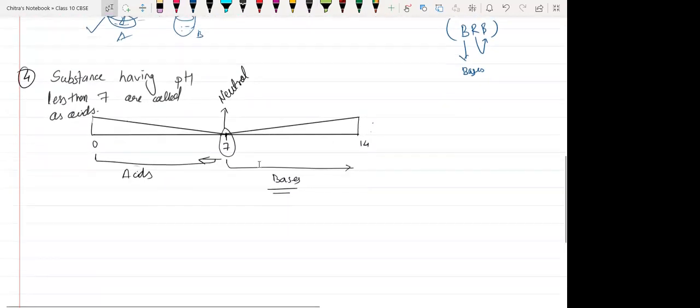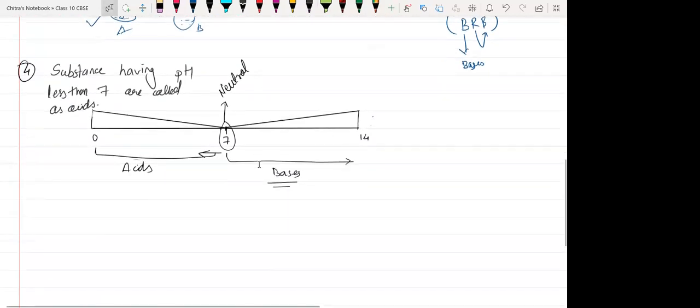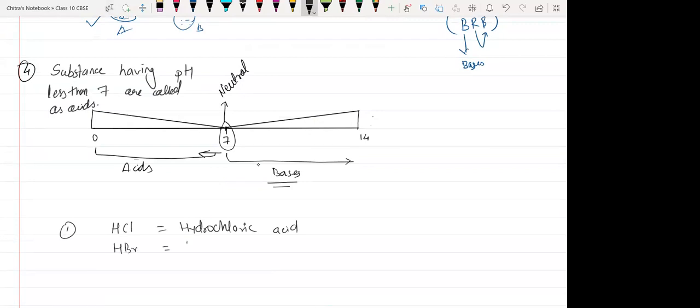Okay, everyone. Now we will understand a few examples. We have to go through examples also. First, as discussed already, HCl, hydrochloric acid. We have HBr, hydrobromic acid.